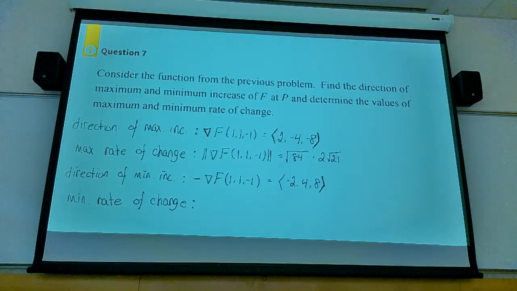What is it? So it can't be the same thing because you get 2 root 21 again. The negative of the magnitude. Just the negative of the magnitude.